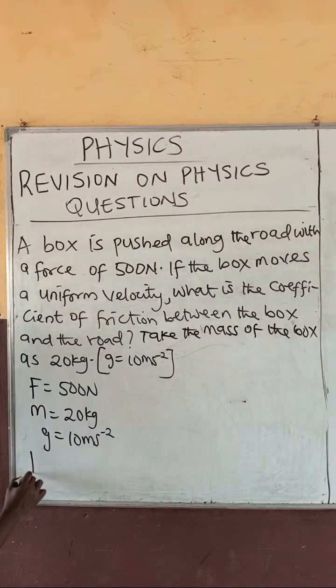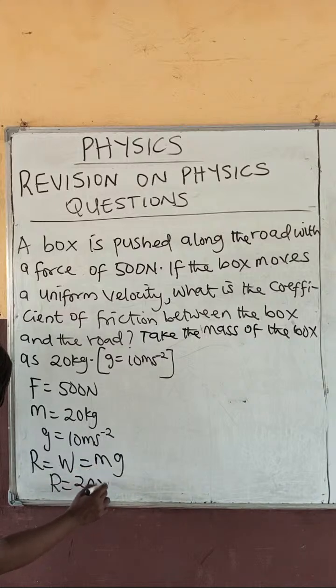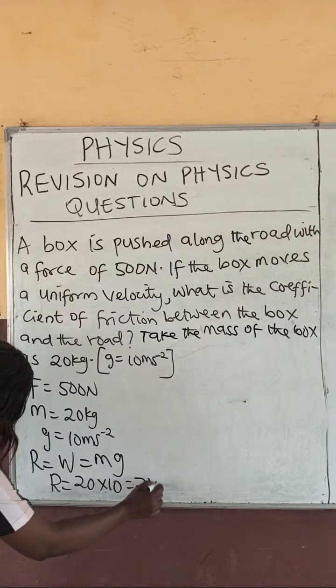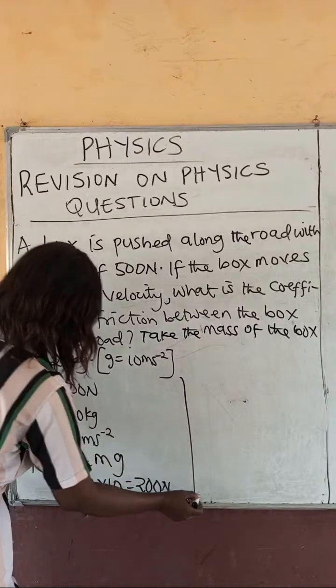So reaction R is the same as weight, and weight is equal to mg. So R is equal to 20 times 10, so my answer becomes 200 newtons. Now we have gotten this.